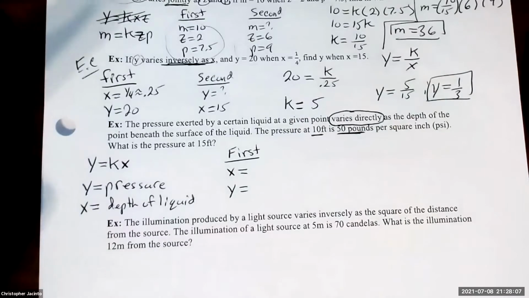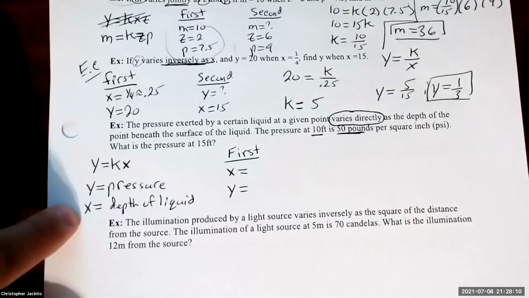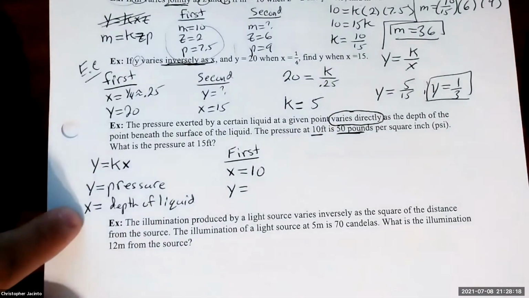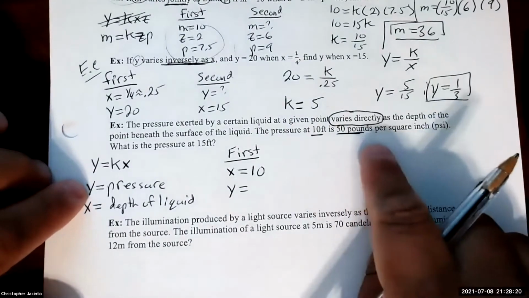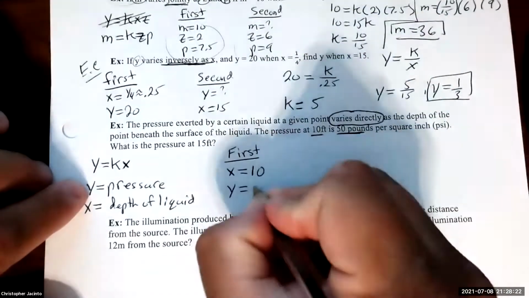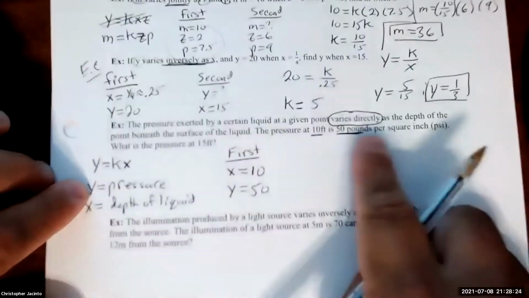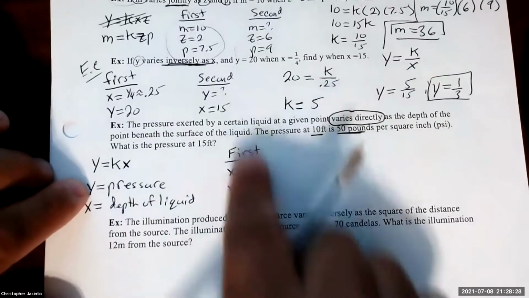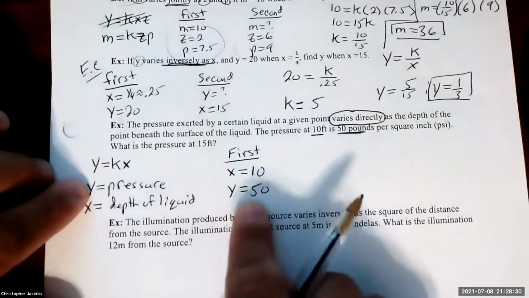Well, I know 10 feet is a depth, right? So depth is like you're measuring how low it is. So I know this has to be 10 because that's the depth. So therefore, by default, that means this has to be the pressure. So 50 is the PSI they're talking about there. Okay, so looks like we got our first situation here.